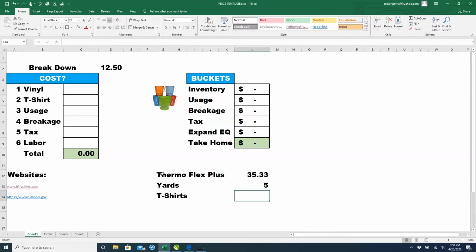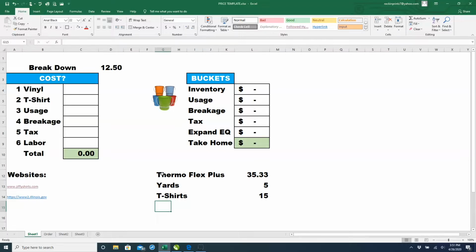What I'm going to do is base it off of 1 foot. If I do the math, 5 yards divided by 1 foot, that's going to give me 15. So I'm going to base this off of that math. I'm going to be able to make 15 shirts for 5 yards, and it's going to cost me $35.33.